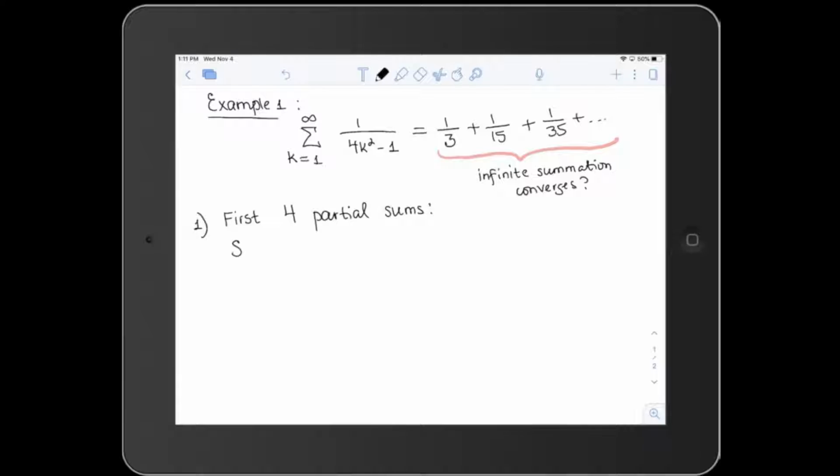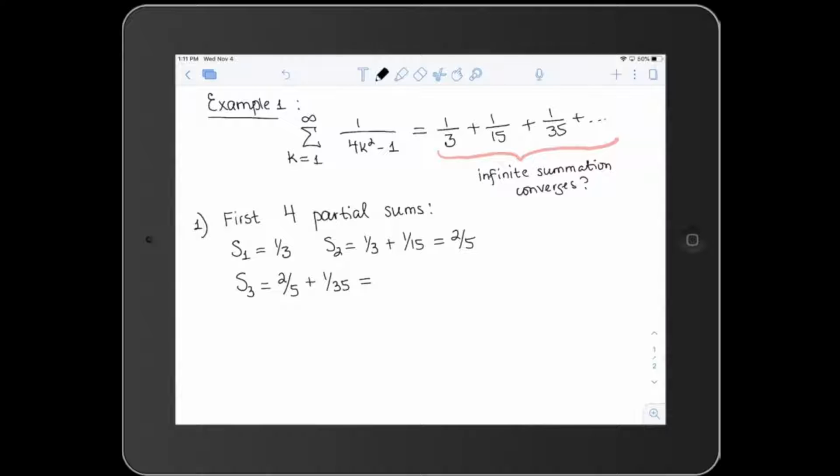So what is the first one? The first one is just the first term, so it's 1 over 3. The second one is 1 over 3 plus 1 over 15. You can simplify this, we get 2/5. The third one is the second partial sum plus the next term in the sequence, so that would be 1 over 35.